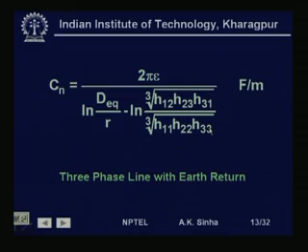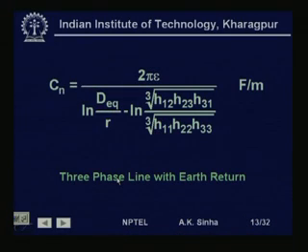However, since these distances between the phase conductors and the distance between phase conductor and the ground are of the same magnitude, the effect of ground is basically to increase the capacitance of the transmission line.